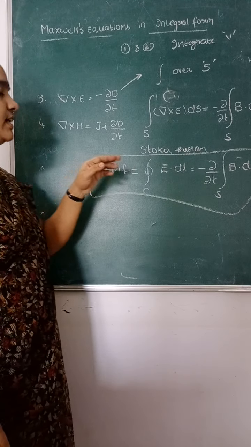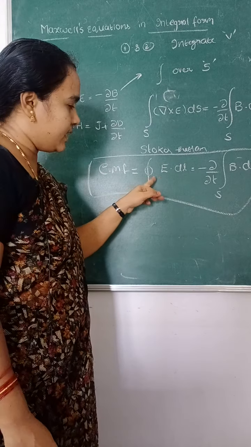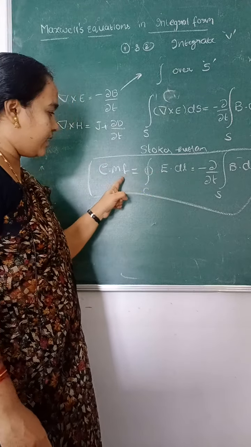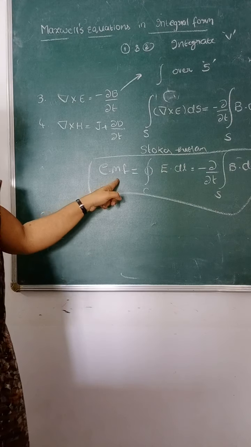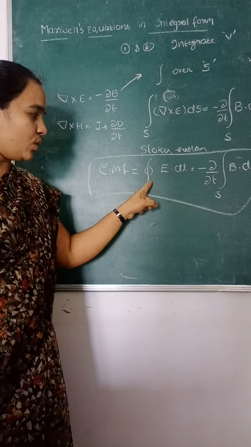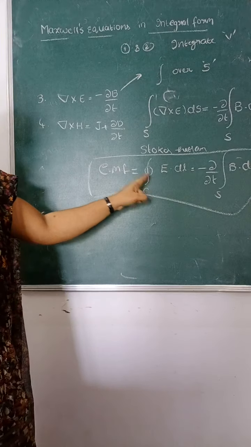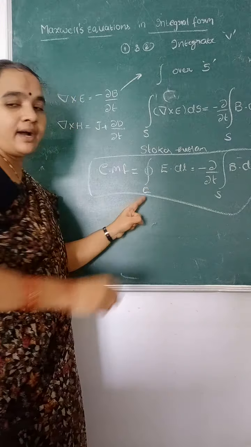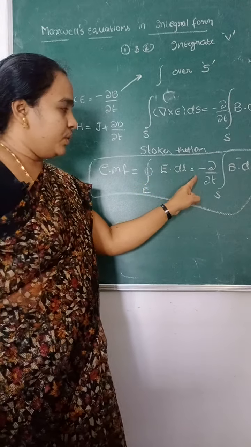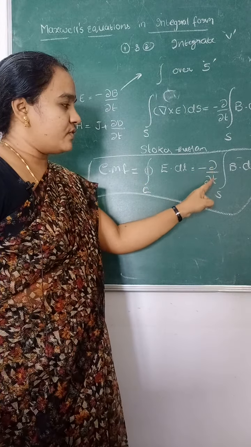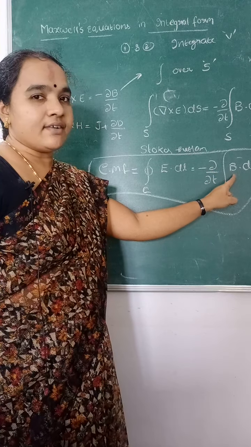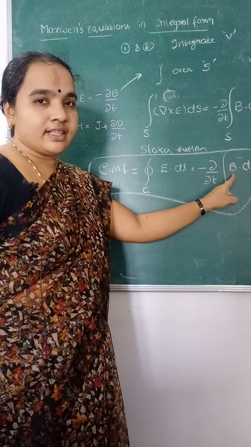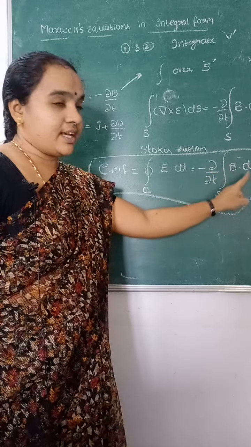Hence, we will define the third Maxwell equation in integral form as: the electromotive force around a closed path is equivalent to the negative rate of change of magnetic flux linked with that surface.